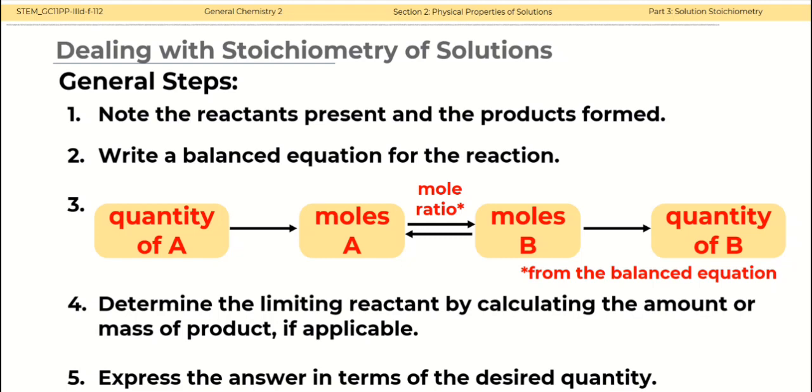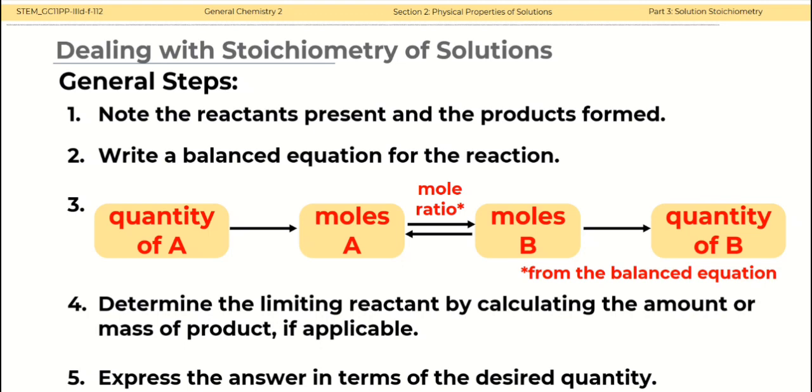Here are the general steps in solving problems on solution stoichiometry. Number 1. You must note the reactants present and the products formed in the reaction. Number 2. You must be able to come up with a balanced equation for the reaction. Number 3. Dealing with stoichiometry of solutions is similar to solving a typical stoichiometry problem. The only difference is that the quantity of a reactant or product is expressed in terms of concentration and volume.